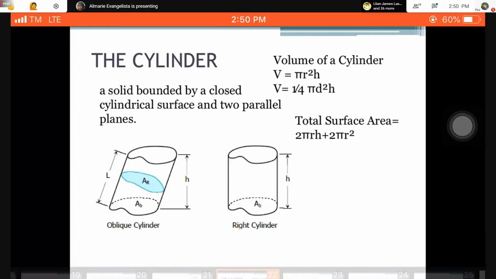When the diameter is given, it is 1/4 pi d squared times the height. It's the same idea. The total surface area is 2 pi r h plus 2 pi r squared.